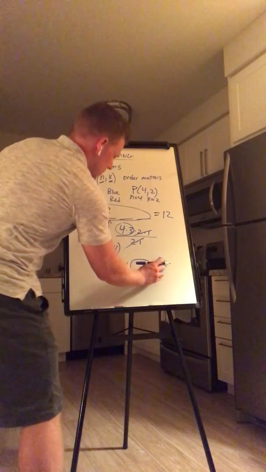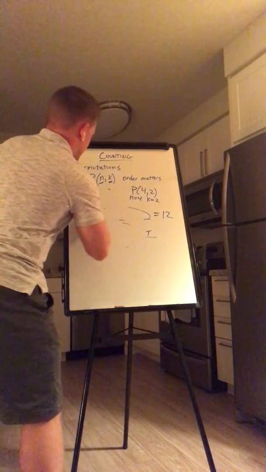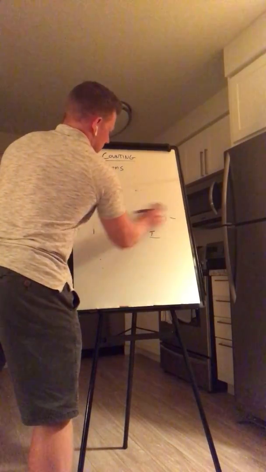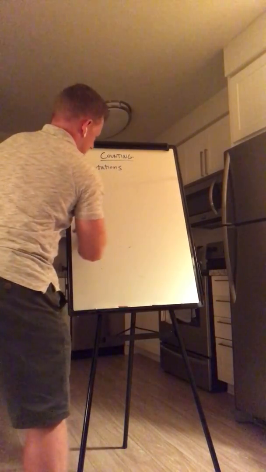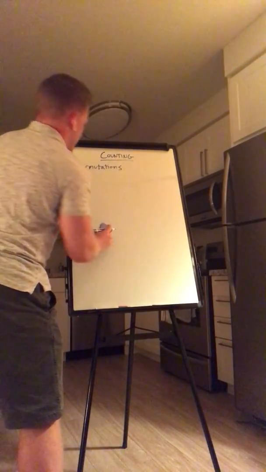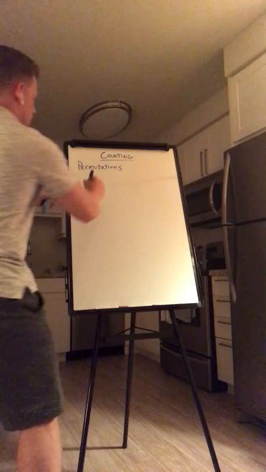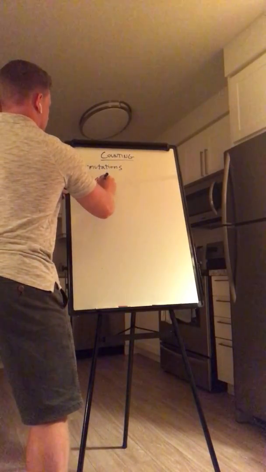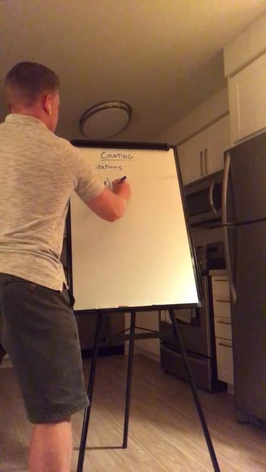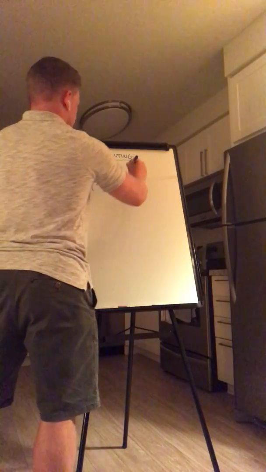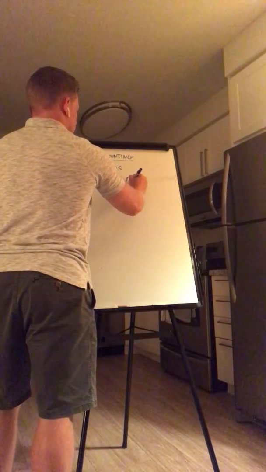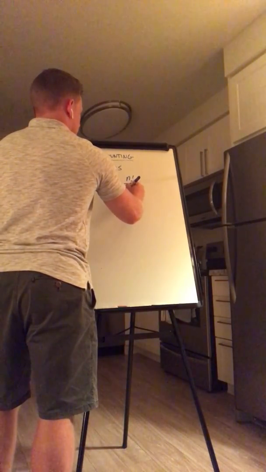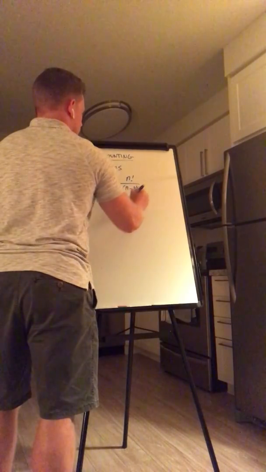So a more general way of saying P of n, k is equal to n factorial divided by n minus k factorial.